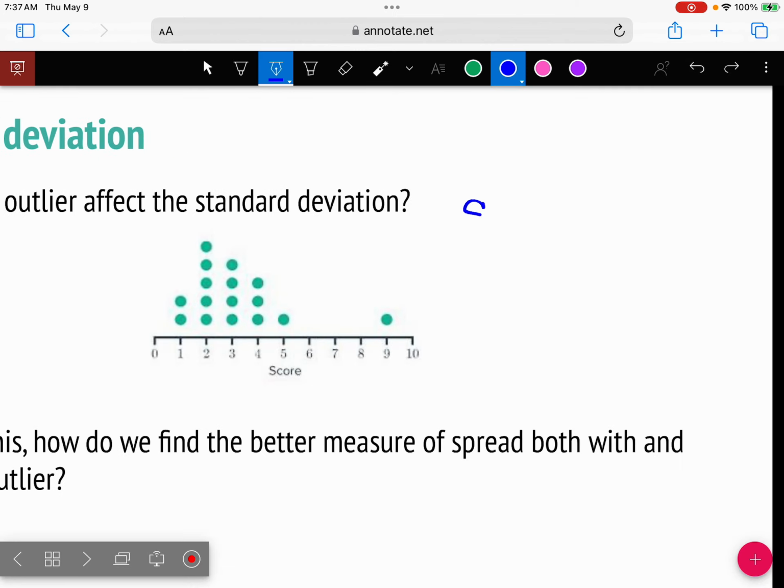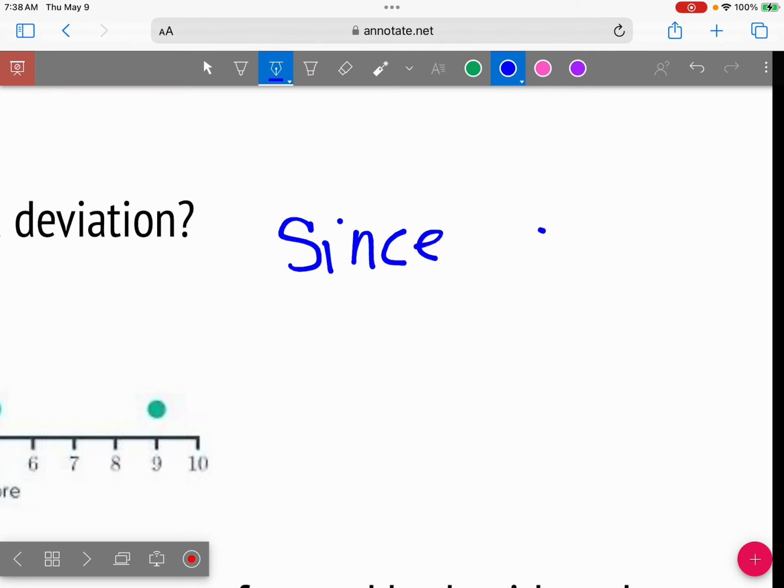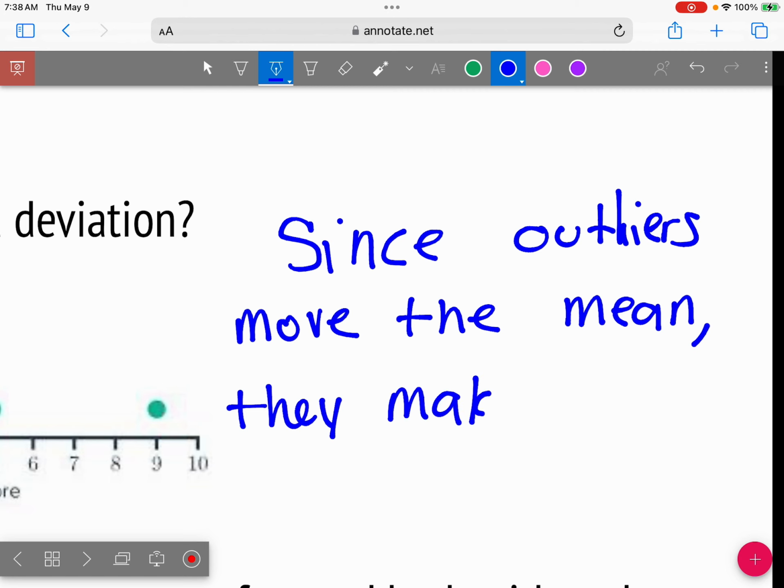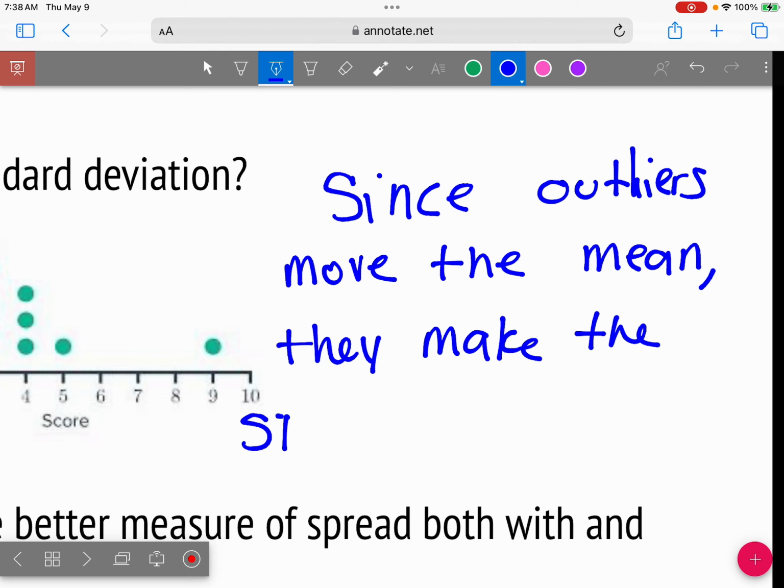So since outliers move the mean, they make the standard deviation, which you can abbreviate as SD, a lot bigger.